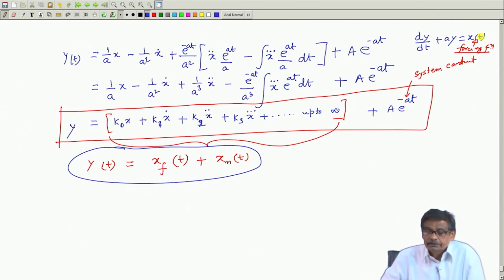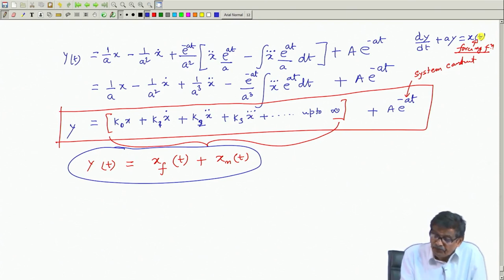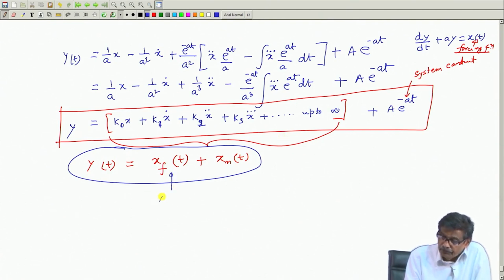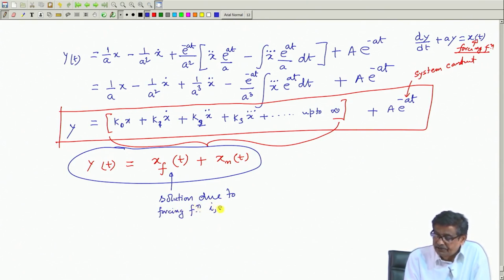But whatever it is, the first part of the solution is called the solution due to the forcing function, that is x t. It depends on that only, x t and its derivatives up to infinity.